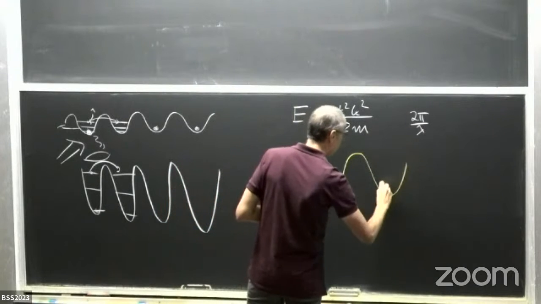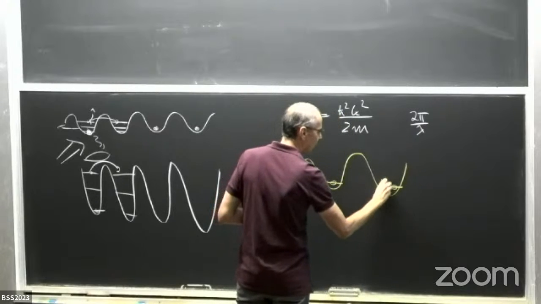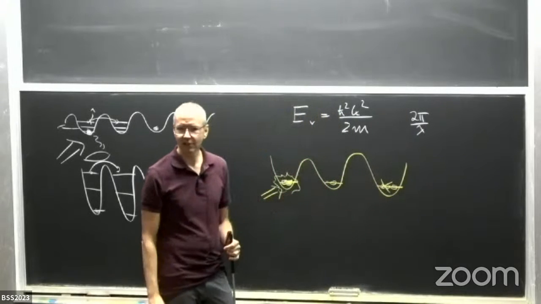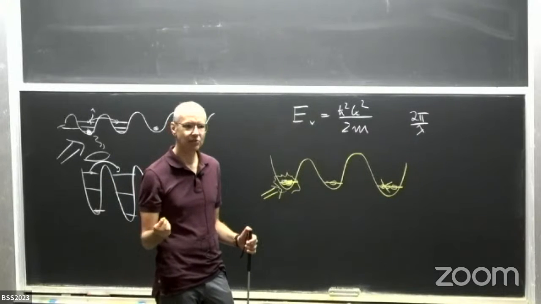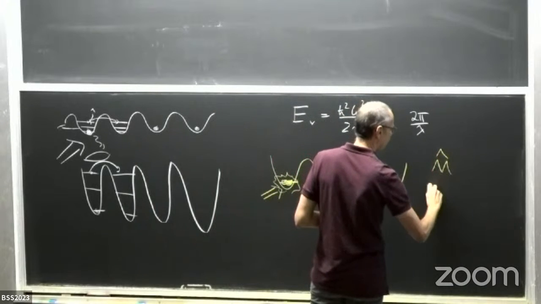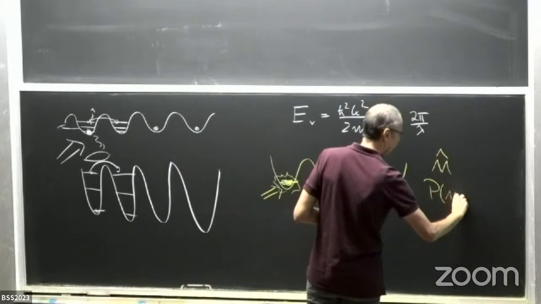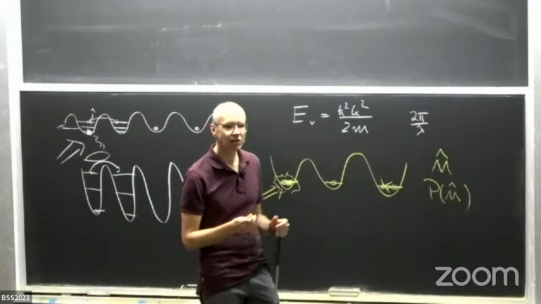If there are 3 atoms here, 2 of them are going to be killed, 1 is going to stay. That's why we call it parity projected detection, because what you're actually measuring is not the actual density operator, but the parity of the density operator, right?